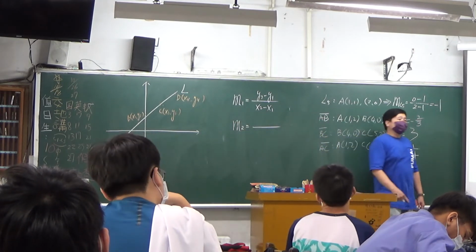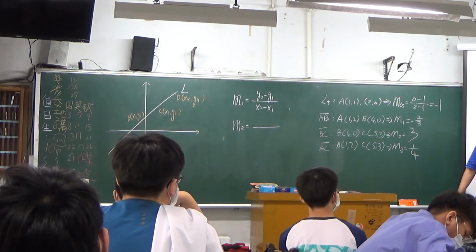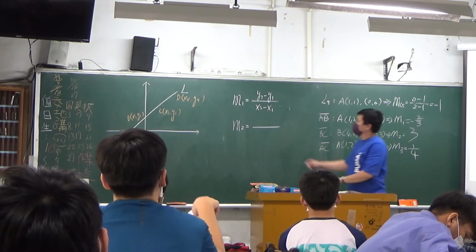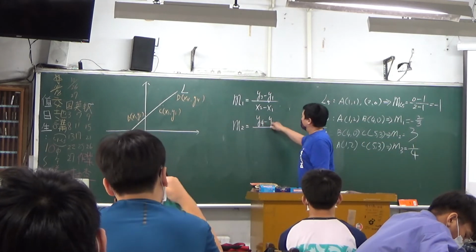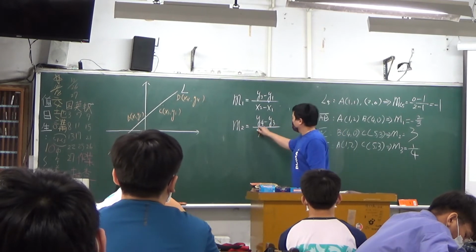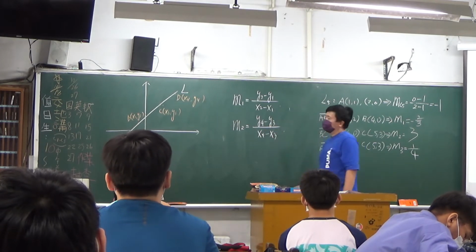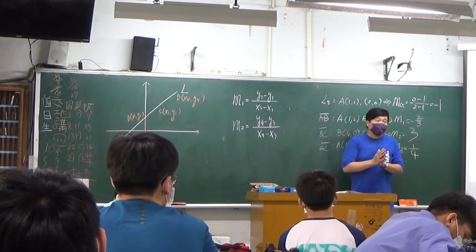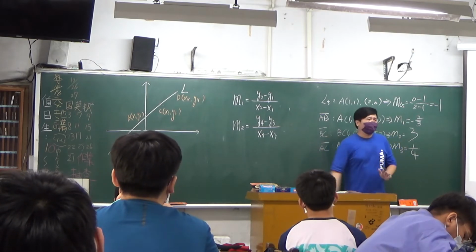If we use points C and D, we can get the slope is y4 minus y3 over x4 minus x3, right? Okay, so why are they the same?